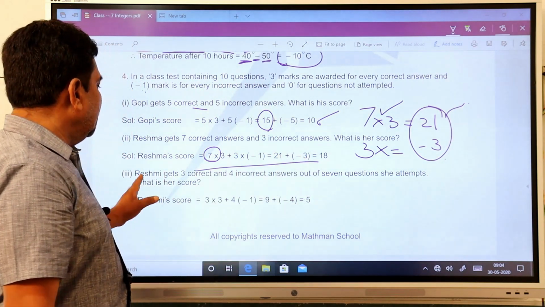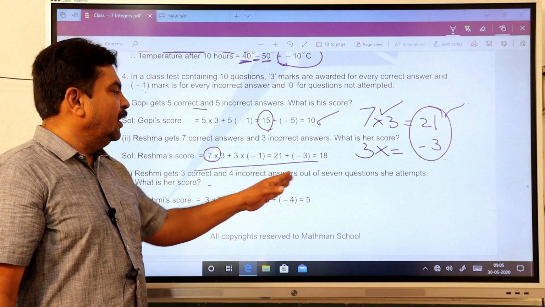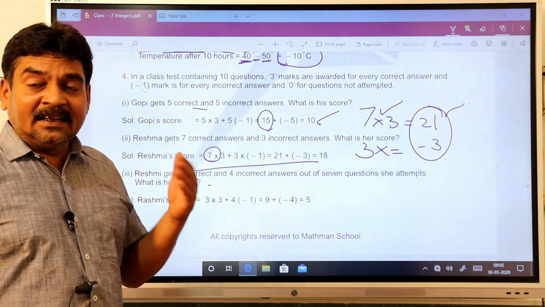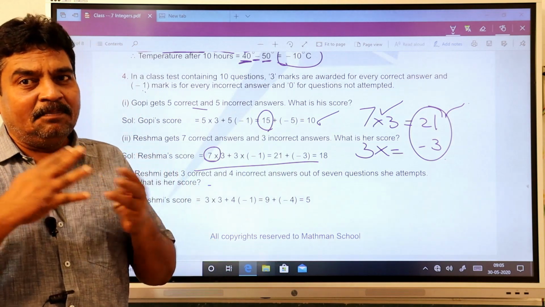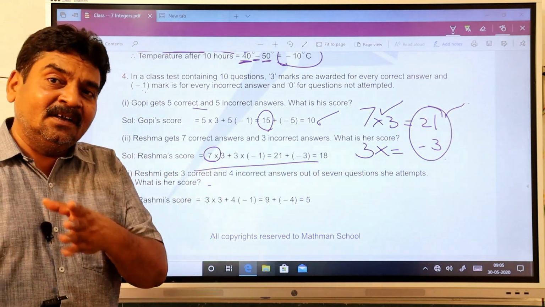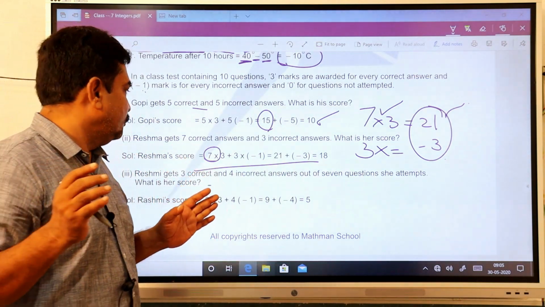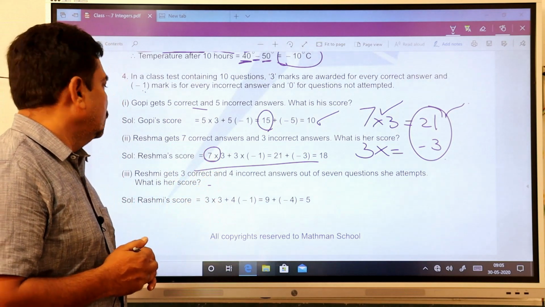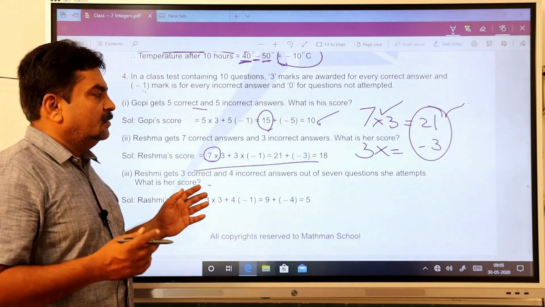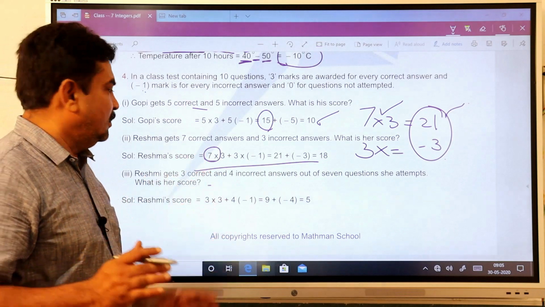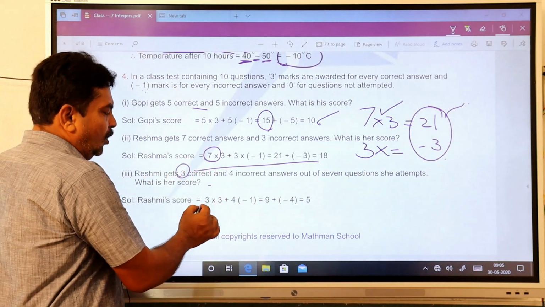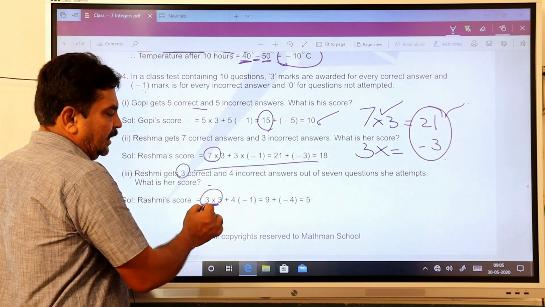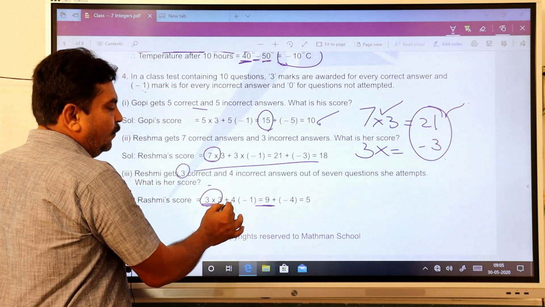And now Reshma gets 3 correct and 4 incorrect. So 3 plus 4, how much? 7. She left 3 questions, so she attempted only 7 questions. Now we will see. 3 correct means 3 into 3, that is 9, and 4 wrong.